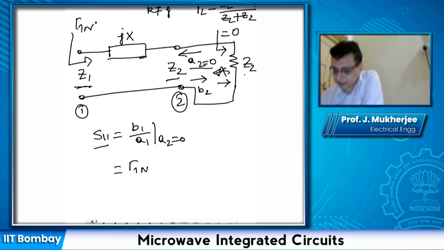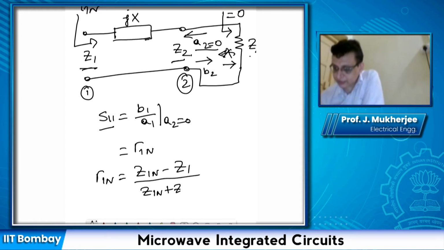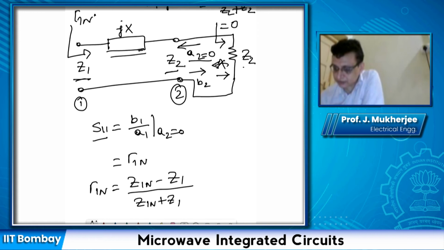Now what is gamma in? Gamma in is equal to Zin minus Z1 upon Zin plus Z1, since at port 1 the characteristic impedance is Z1. Now what is Zin here? Zin is this impedance in series with Z2.